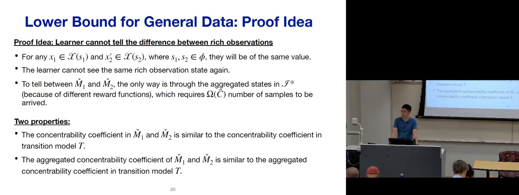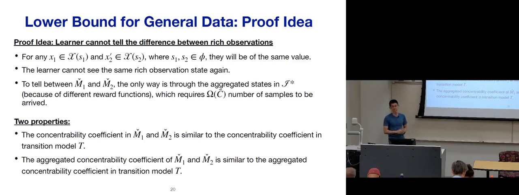Will this one be a lower bound without needing the aggregation to begin with? I mean, for this aggregation scheme, if we don't consider the aggregated considerability, but we just calculate the standard considerability coefficient, will that give a lower bound? Yeah, actually the answer is yes.